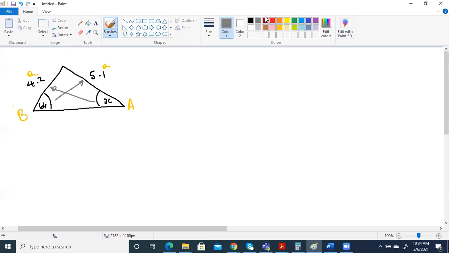So I can go ahead and use my sine rule: a, the side, over the sine of the opposite angle is equal to the next side over the sine of that opposite angle. Let's substitute these A's and B's in the formula.